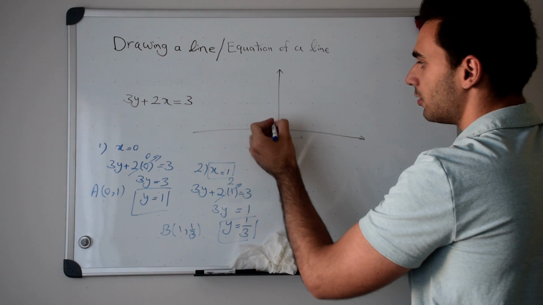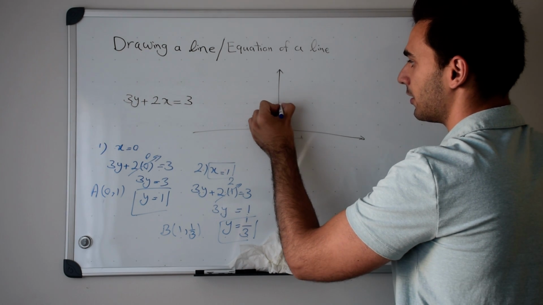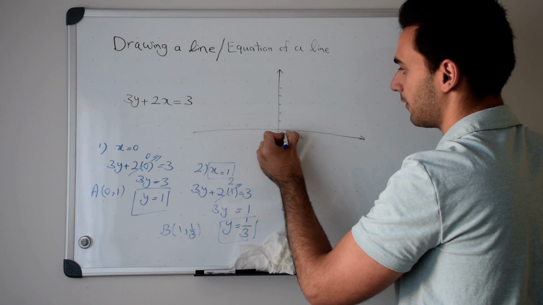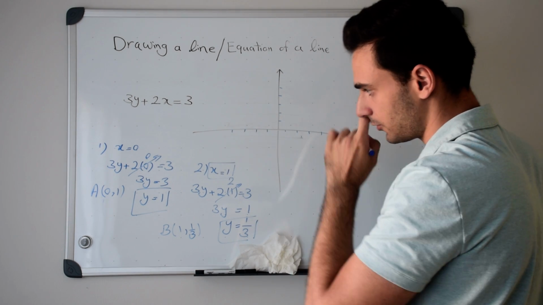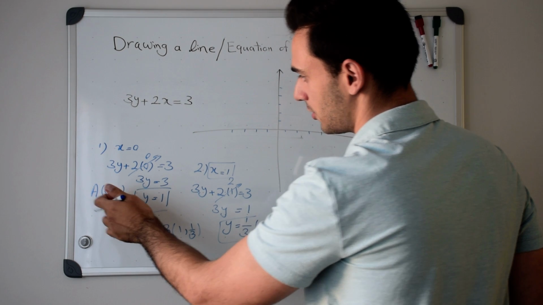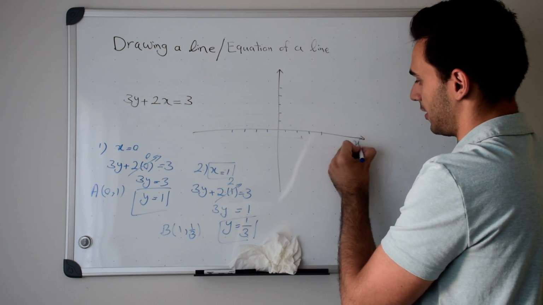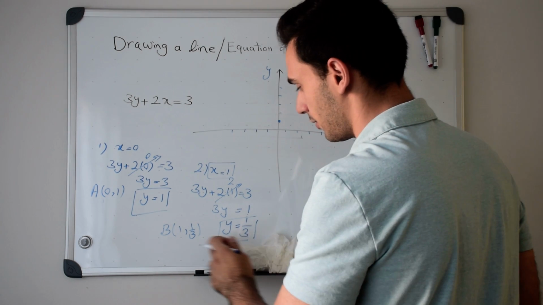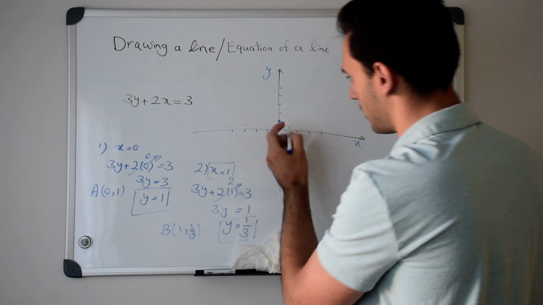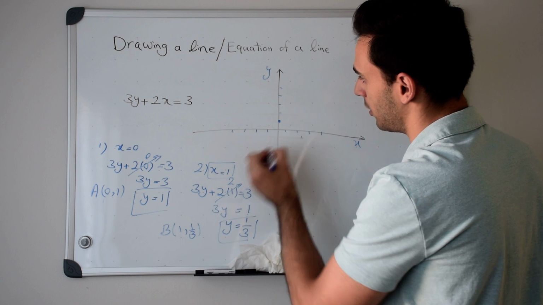What I need to do is just determine these points on my plane. x is 0, y is 1. This is x, this is y. x is 0, y is 1, 1 point. Point B, x is 1, and y is 1 over 3.